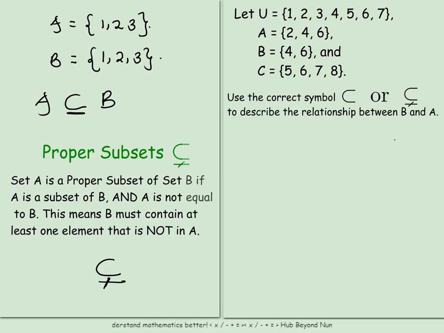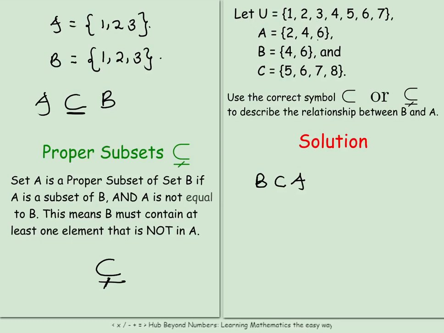So first of all, let's check for subsets. Are all the elements in B inside A? Well, there is 4 over here and there's also a 4 here. There is 6 and there's also a 6 here. So with that, what can we say? We can say that set B is a subset of set A. So first of all, we have established the fact that it is a subset. Now let's check if it is a proper subset.